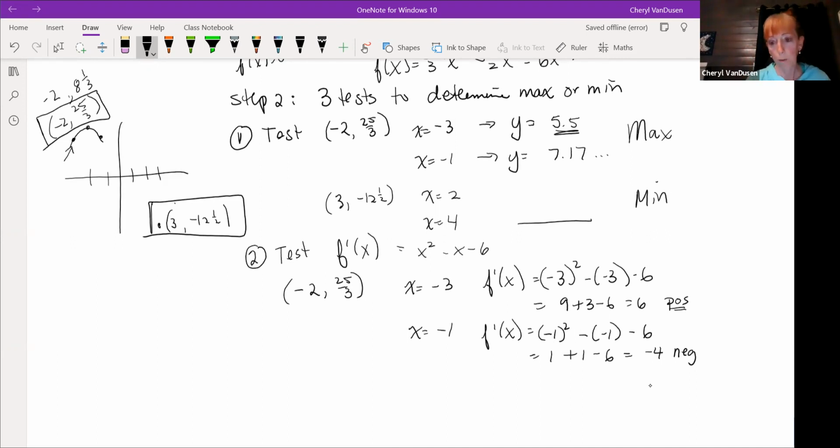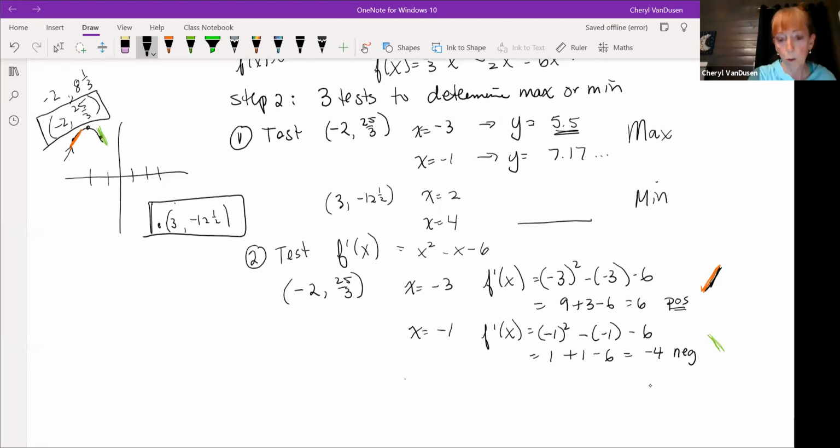First derivative is slope. So this means that on the left-hand side, we have a positive slope. And maybe I'll change my colors. So right here, we have a positive slope. And then on the right-hand side, we have a negative slope.